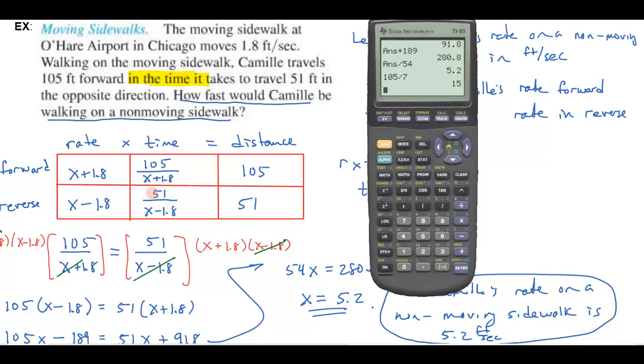How about going the other direction? If it was 5.2 on a non-moving sidewalk, and then she gets on it going the wrong way, that'd be only 3.4 feet per second. How long is it going to take to go 51 feet? 51 divided by 3.4 is the same time, exactly 15 seconds. So that makes sense. It agrees with our intuition of what it should be.